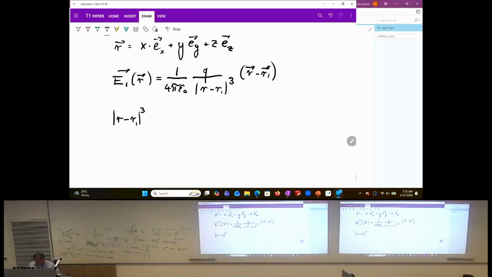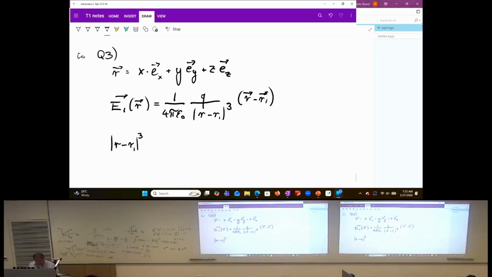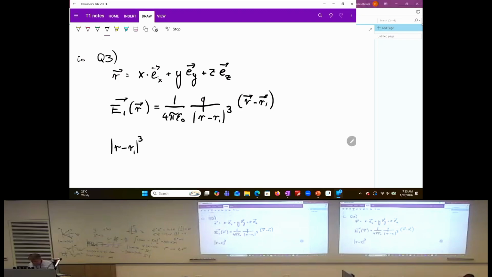Well, let's first look at this R. We have it written here with the unit vectors. You can also give the vector in column form, where you just enter x, y, z.